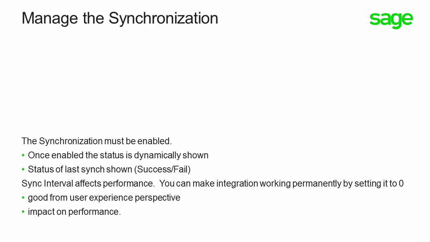We're going to be thinking about when the last sync took place, and also the way in which synchronization affects performance. You can make synchronization continuous by setting the value to 0, but that's unlikely to be a good thing in the long run, because although you may have an initial good user experience, there's likely to be a drag on performance.